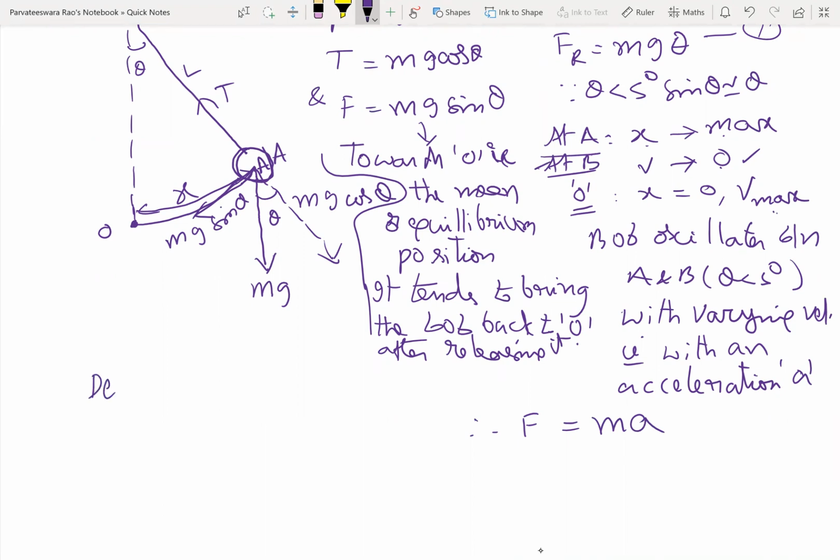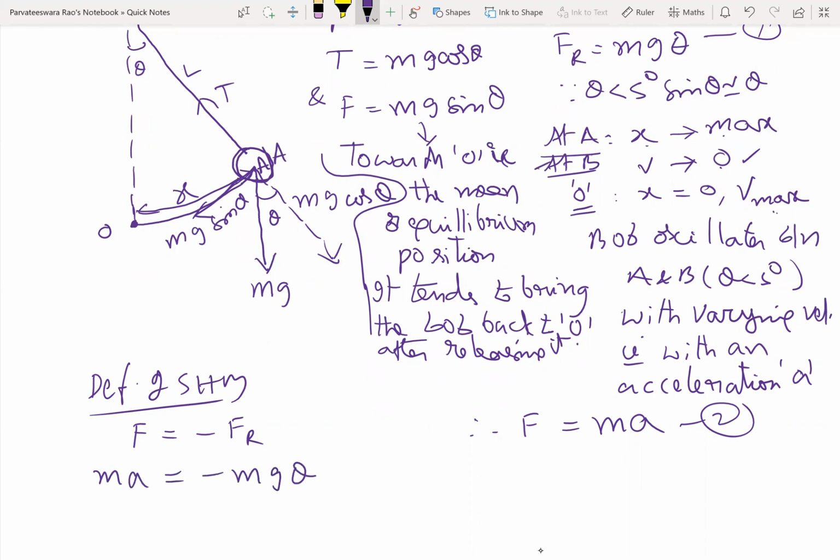According to the definition of simple harmonic motion, the accelerating force will be opposing the restoring force. Therefore m into a is equal to minus mg into theta, where mg theta is the restoring force. So we got a is equal to minus g into theta. Call it equation 3A.